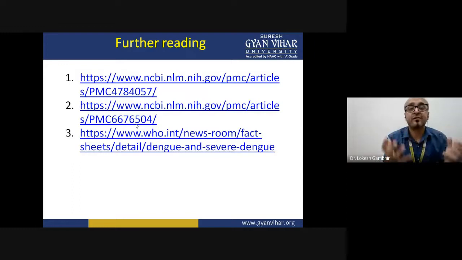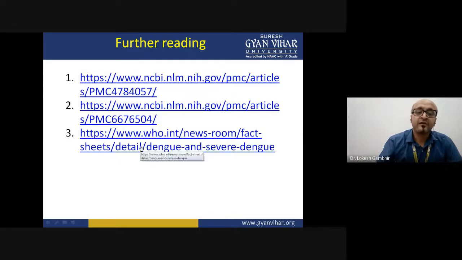They have summarized it all, so it is for your further reading, so that your curiosity can be substantiated by the information these papers showcase. And there is a WHO newsroom link also, with what WHO offers for different viruses, the details they have provided for dengue and severe dengue cases, and the available treatment modules, also available in this reading.